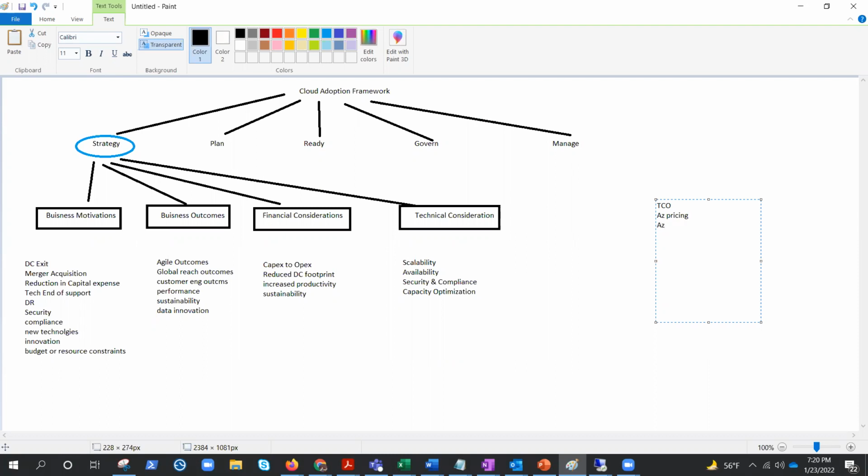The Azure Migration and Modernization Program. The partners tool set, right? These tools will help you in creating a business case from the financial considerations, and that will help us build the business strategy.